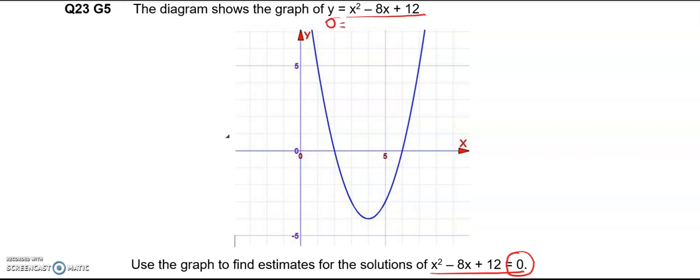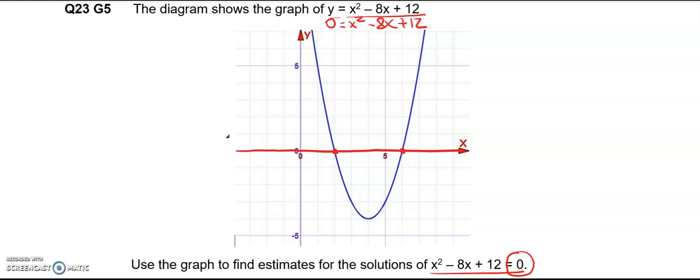So I can rewrite this as 0 is equal to x squared minus 8x plus 12. So this is telling me that y is equal to 0 in this case. So when is y equal to 0? It is on the x-axis. And which points are those that meet the x-axis?